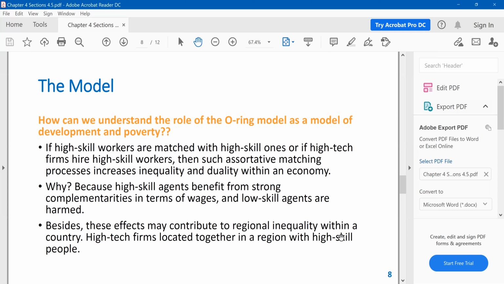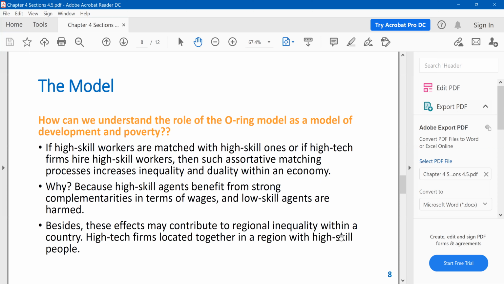So if there is indeed sector level or region level positive assortative matching, then those inequalities and those signs of duality would increase, would be even stronger.